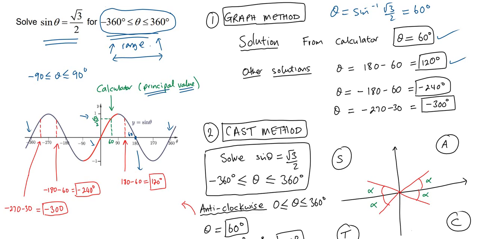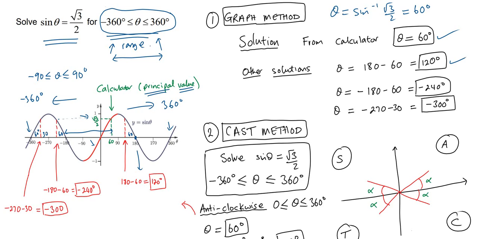That's between 0 and 360. There are no more going in this direction to 360, but the range says we've got to go back to minus 360. If we go backwards, we can see we've got two more values here that are the same height. They give you root 3 over 2. If we just look at these two sections of the graph, we can see that this must be 60 degrees and this must be 60 degrees.